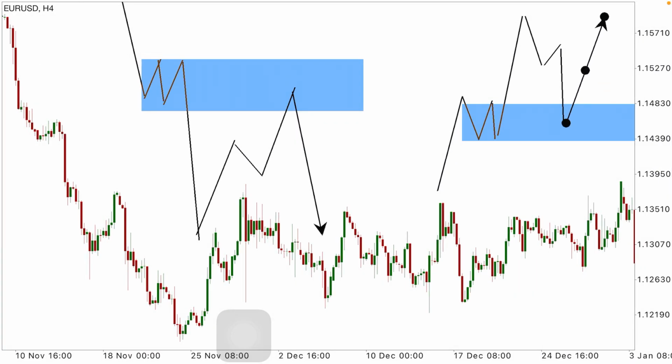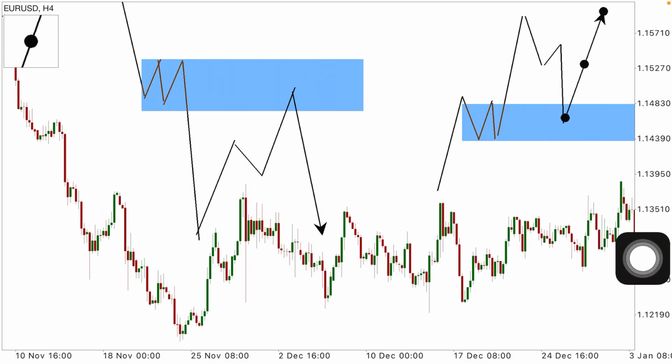So it's expected that price will come back to the zone and we enter a buy position. Have you seen it? Is it clear to you now? So that is the rally base rally demand zone. Price comes back to the base, and we take a buy trade from it.